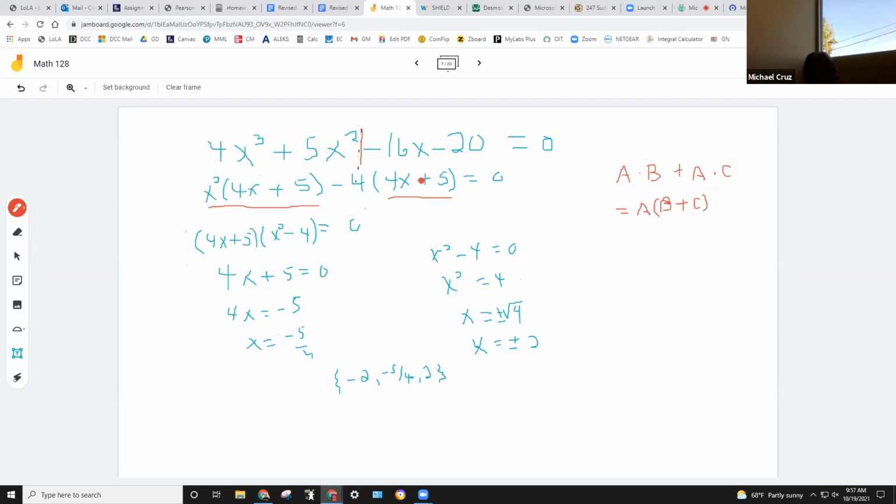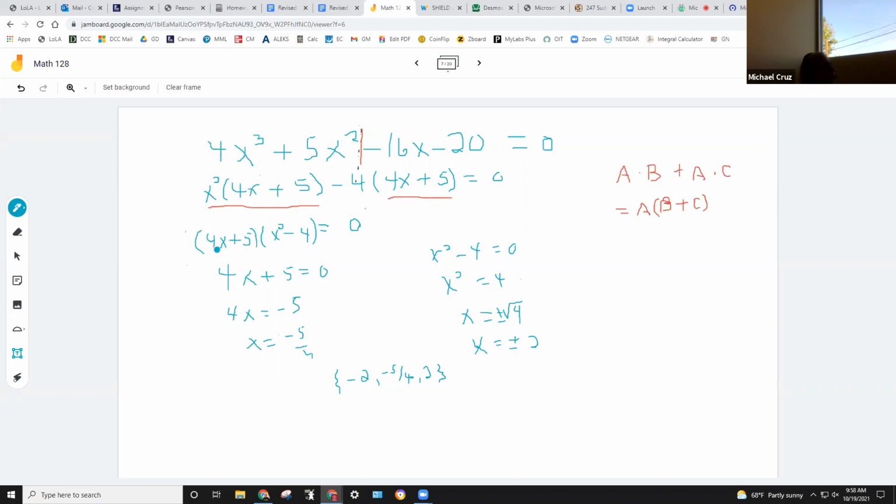So this one being written twice gets written once times the x squared, because this x squared is multiplying the 4x plus 5. And then negative 4 is also multiplying it again. So this is an equivalent expression to the one here on that second line.